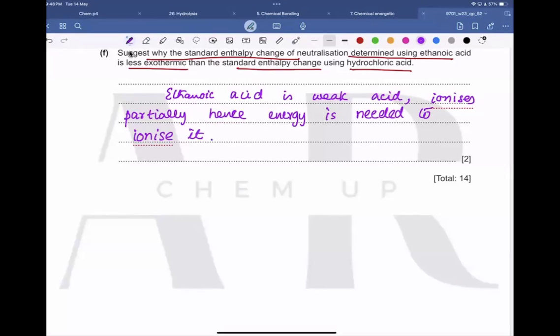So obviously, if we are providing some energy and the enthalpy change of neutralization is exothermic, then at the end the net energy that would be released would be lesser than the one released when the stronger acid is used.